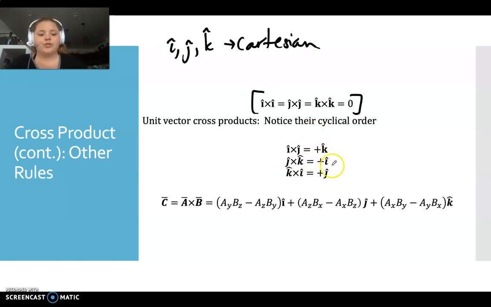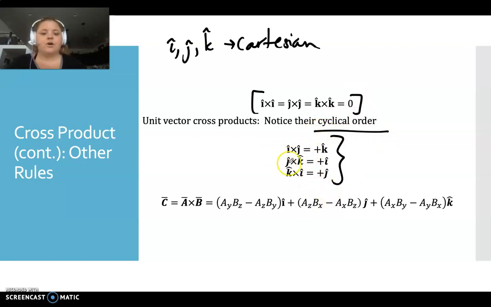Now when we take the cross products with each other, if we take i hat cross j hat, we'll get positive k hat. If we take j hat cross k hat, we'll get positive i hat. And if we take k hat cross i hat, we'll get positive j hat. Now notice this has a cyclical order to it.